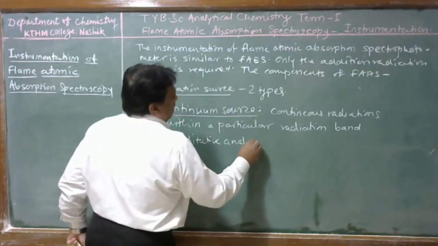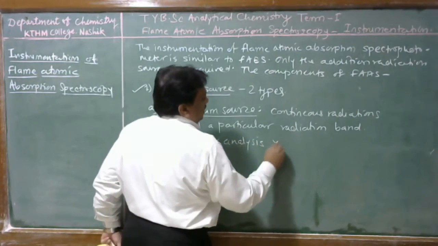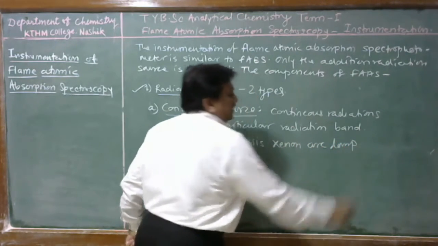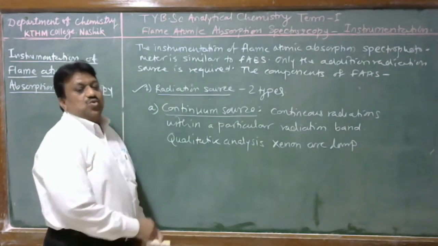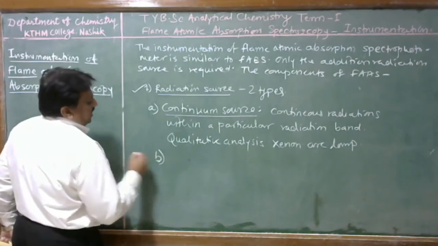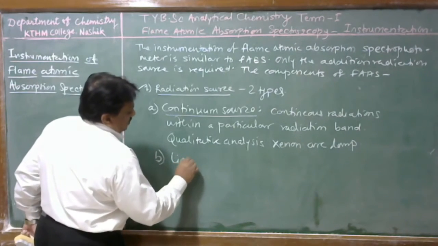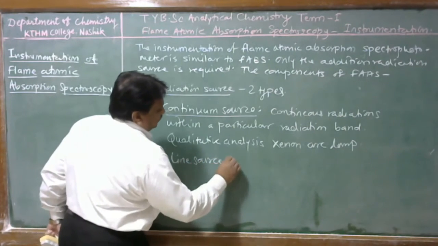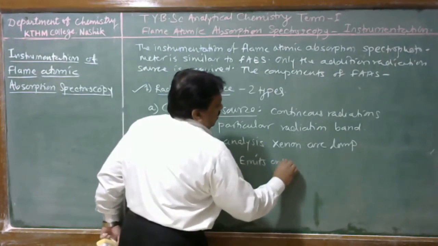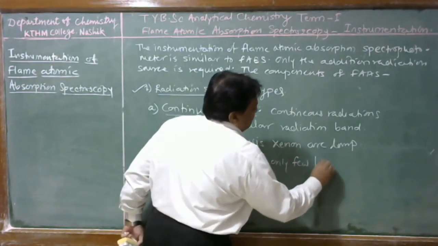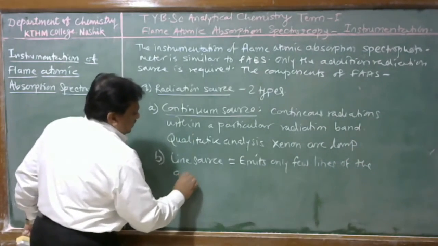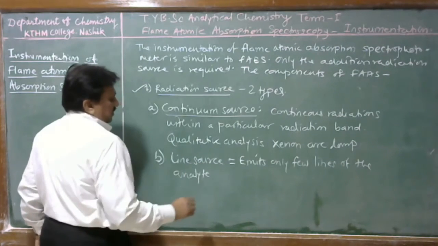Here a xenon arc lamp is used as a continuum radiation source in atomic absorption spectrophotometer. Second type of radiation source is called a line source. A line source emits only a few lines of the analyte element, and therefore it is constructed from the analyte element itself.